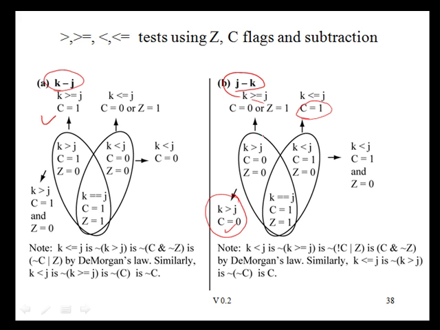What this means is that depending upon the comparison we're doing, we're going to have a preferred subtraction. If we're doing either this comparison here or this comparison here, we're going to want to do k minus j, so that we only have to check 1 flag. Similarly, if we're doing this comparison here or this comparison here, we're going to want to do this subtraction, j minus k, so that we only have to check 1 flag.